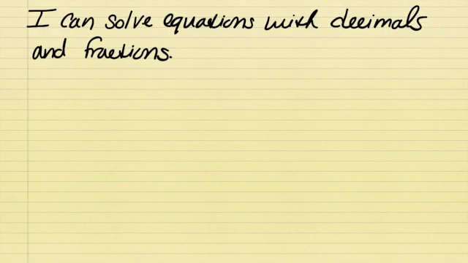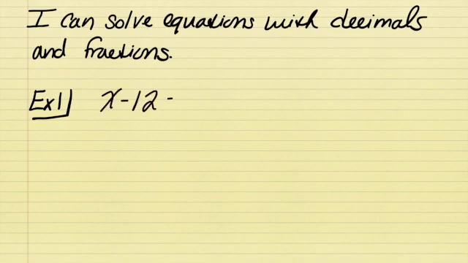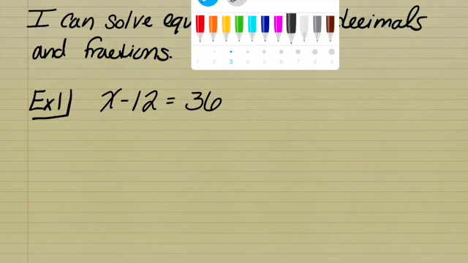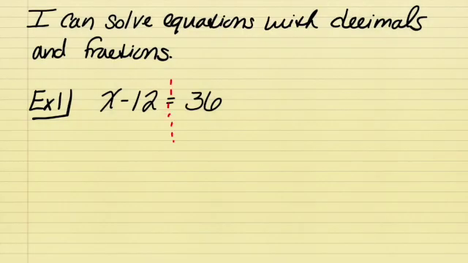Let's start by reviewing how we solve just a normal one-step equation. So let's take x minus 12 equals 36. I always like to start by building my wall. My equal sign's my wall. And I go where the letter is and I do the opposite.